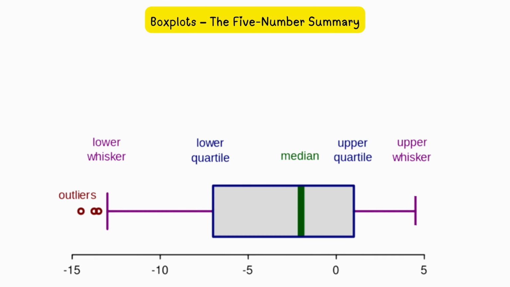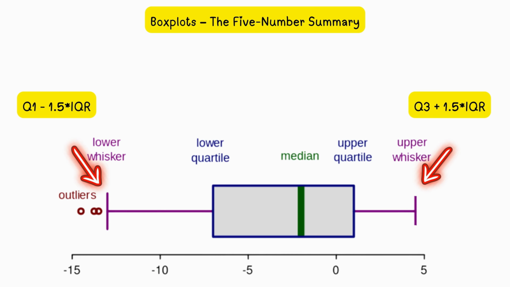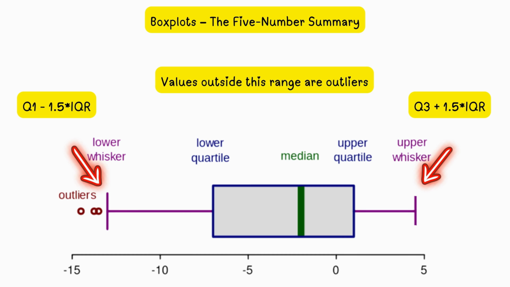The whiskers, which you can see on the left and the right hand side, extend to values within 1.5 times the interquartile range, or IQR, from Q1 and Q3. As we discussed in our outlier video, any data point beyond that range represents outliers, and these are marked with dots or stars.